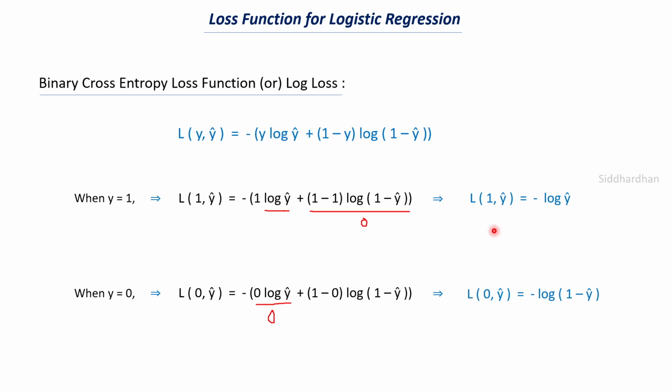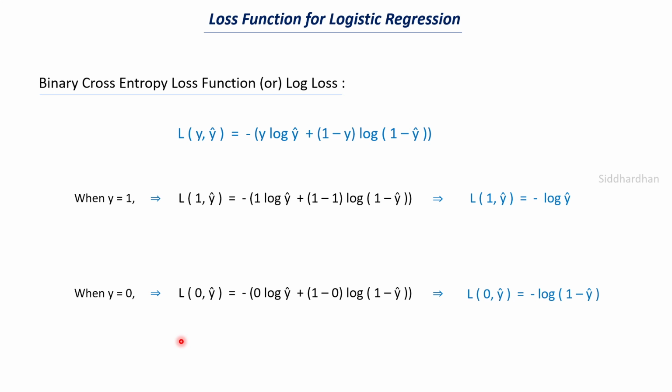So this is the loss function you will get whenever y value is equal to 1 and y value is equal to 0. Now let's try to understand the significance of this, and why we need this kind of a loss function value. Our goal is to have a minimum loss function value. As I've told you, minimum loss function means there is not much difference between the true value and the estimated value, so we always want a minimum loss function.